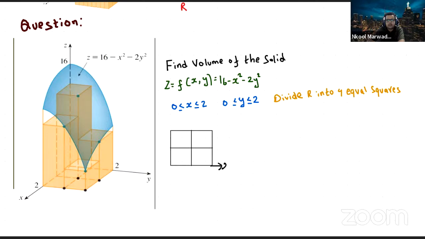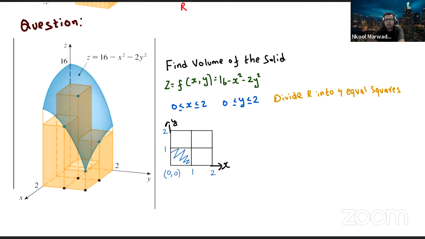Let us suppose this is x, this is y. Now this is the origin. Here x will be from 0 to 2. So this is 2. And y is also from 0 to 2. So this will be 1, this will be 2. So delta A here will be 1, because 1 into 1 is the small area.